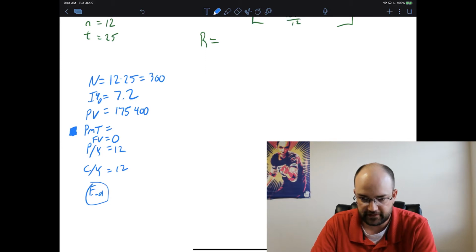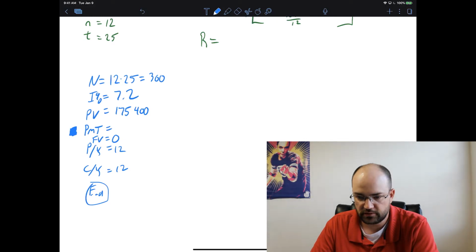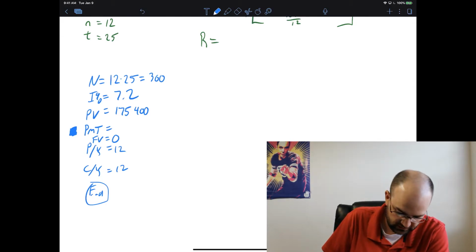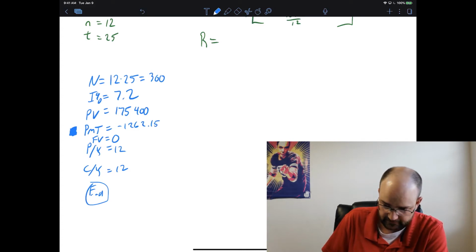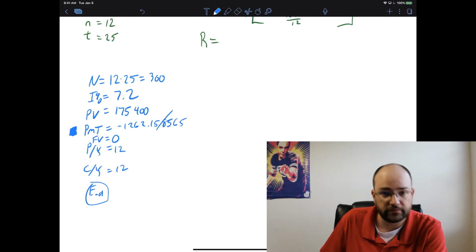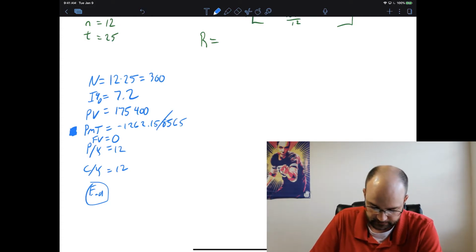PV is 175,400. We don't know the payment. There are 12 months in a year. And then just do alpha enter for the payment, which will tell you negative 1262.158565. And again, just round this off to the nearest cent.